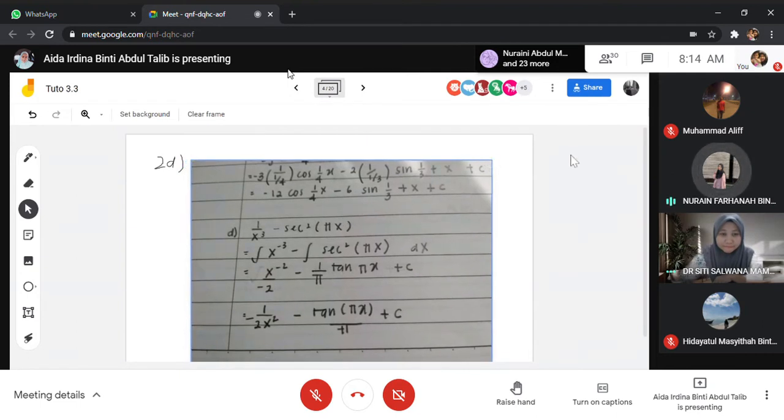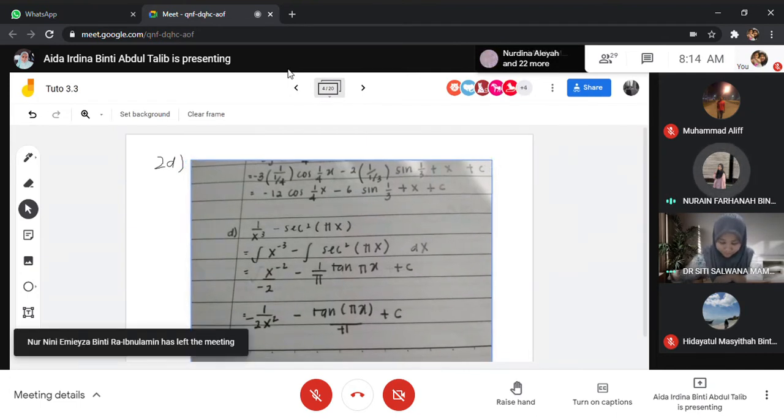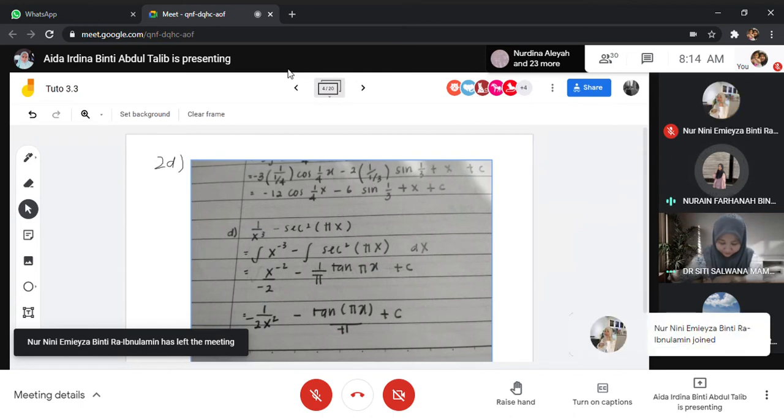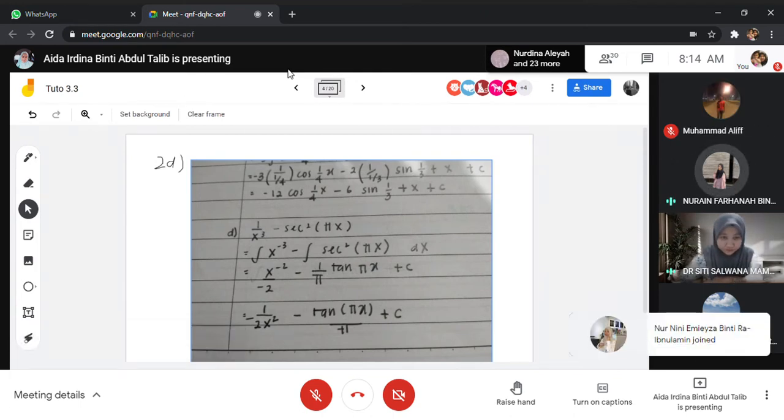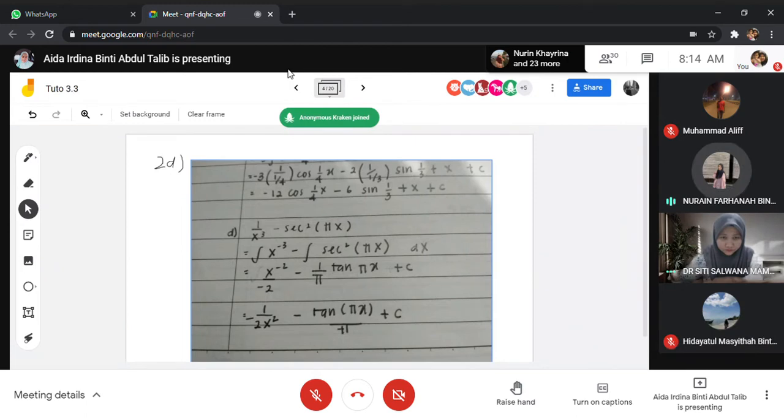Firstly soalan kita boleh tengok 1 over x square 3 minus secant square pi of pi x. Lepas tu kita integrate dia, saya letakkan simbol integrate dekat both side tu.